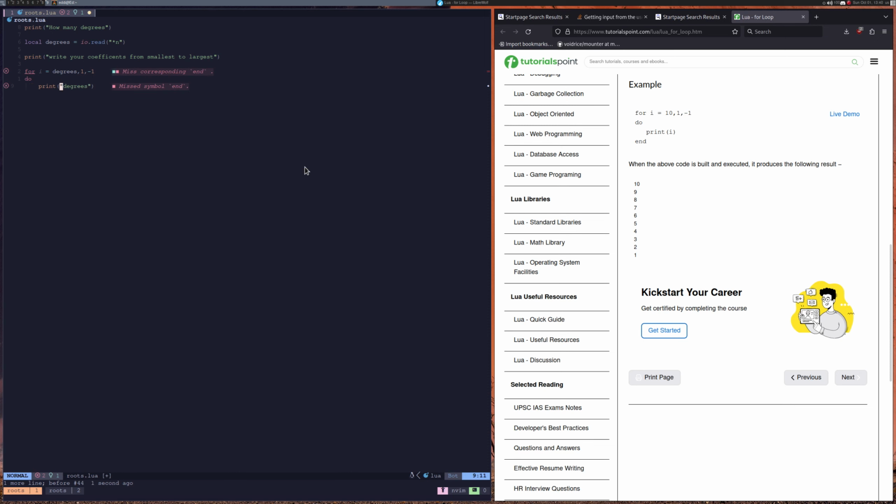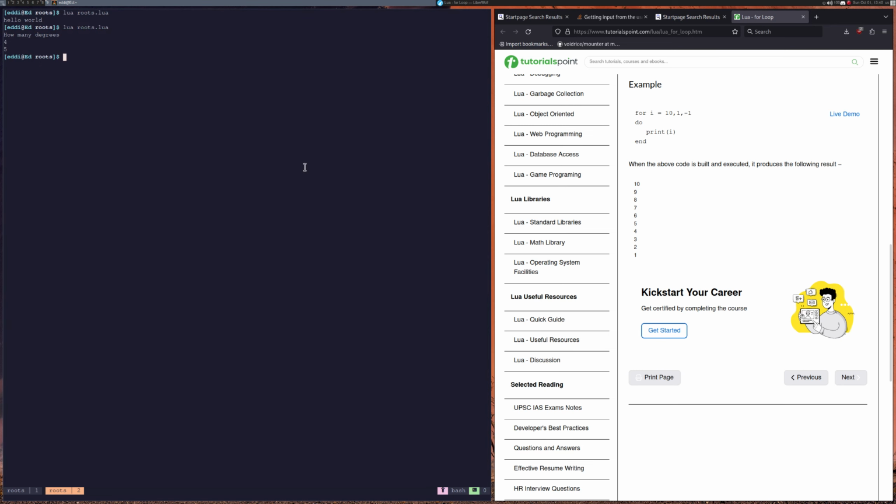Whoops. And it says Lua has weird syntax. 5, 4, 3, 2, 1. All right, that works.